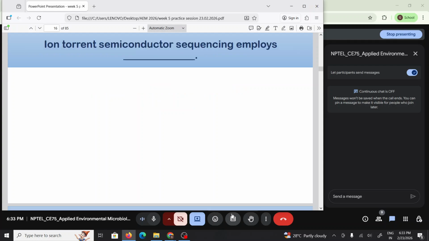Okay, next question is about ion torrent semiconductor sequencing. What do we do in ion torrent semiconductor sequencing? In simple terms, whatever is your understanding, you just post it in the chat box.